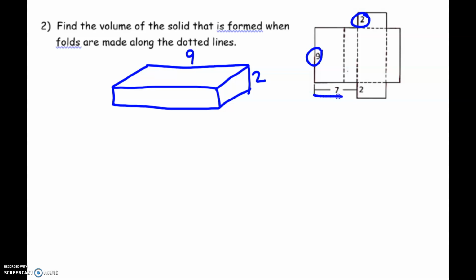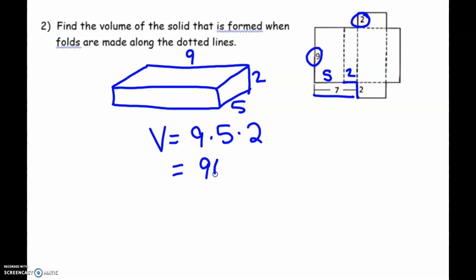This from here to here was 7, but remember this matches here, so that's 2. So our width is really only 5. So to find the volume of this, I'm just going to do my length times my width times my height. 9 times 10 puts us at 90 cubic units. So that was just length times width times height.